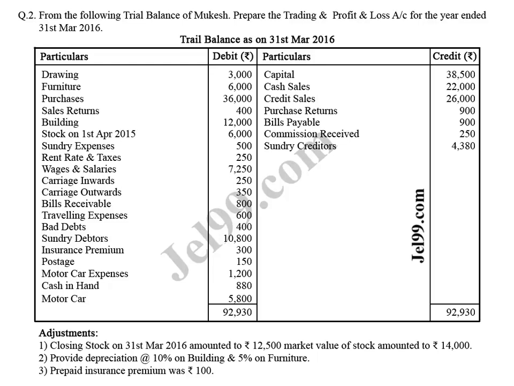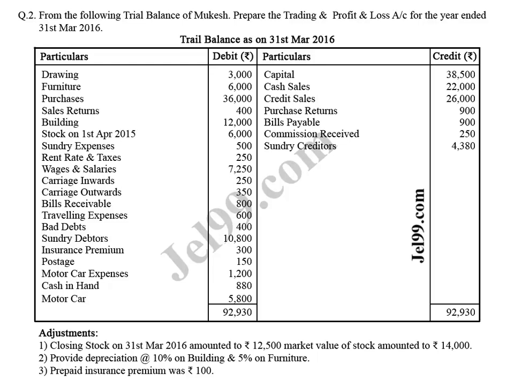Capital of rupees 38,500. This is shown on liabilities side. Cash sales of rupees 22,000. This is shown on trading account. Credit sales of rupees 26,000. This is shown on trading account.